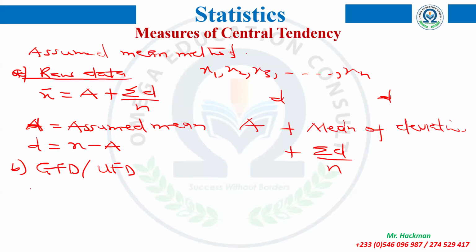So in this case, X bar from the assumed mean method will be equal to A plus, remember I said in terms of the frequency distribution table, your n becomes sigma F. Not F, sigma F. And right after the sigma, what comes?